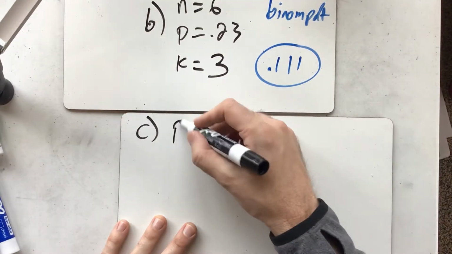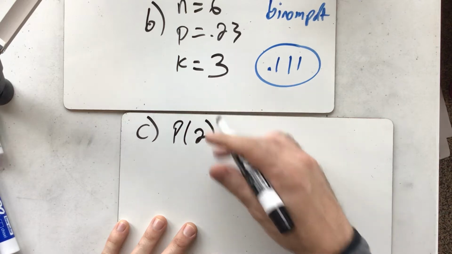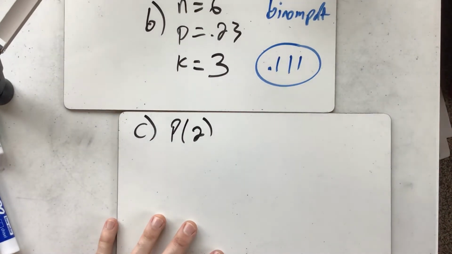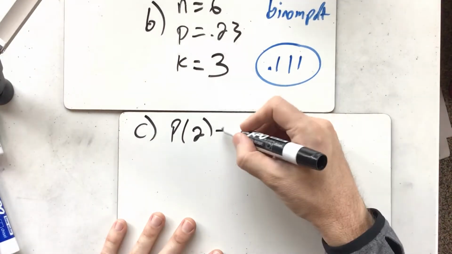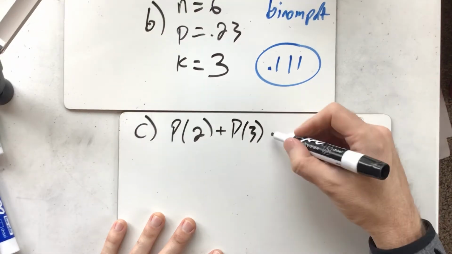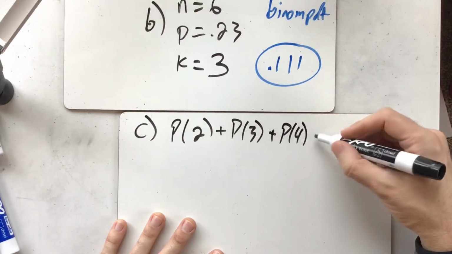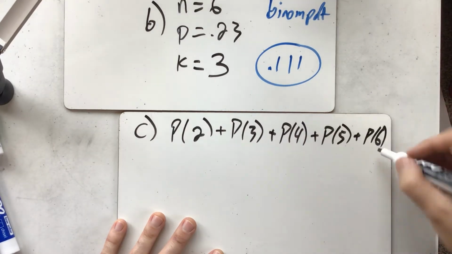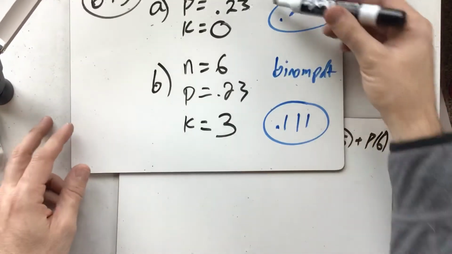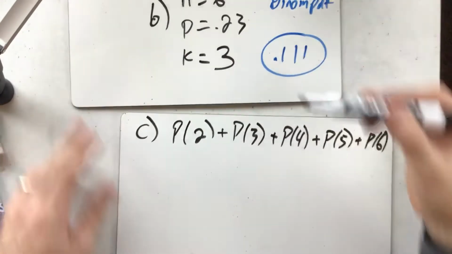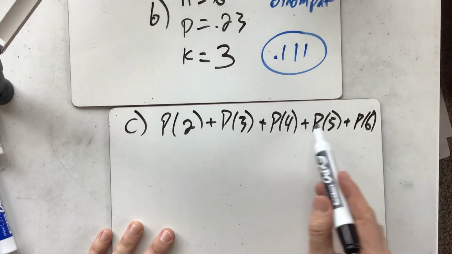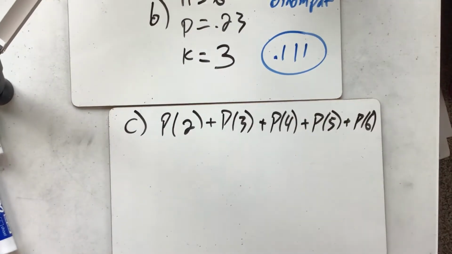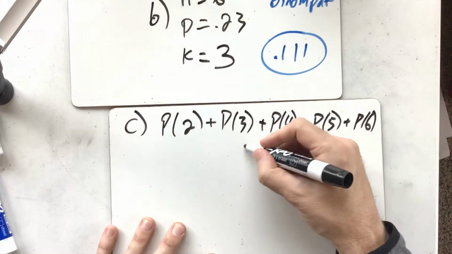Well, we could do 2 goals and then find the probability of 3 goals, 4 goals, 5 goals, and 6 goals. And so we could do like these problems on A and B, and we could add all of those together, and that would be the correct answer.